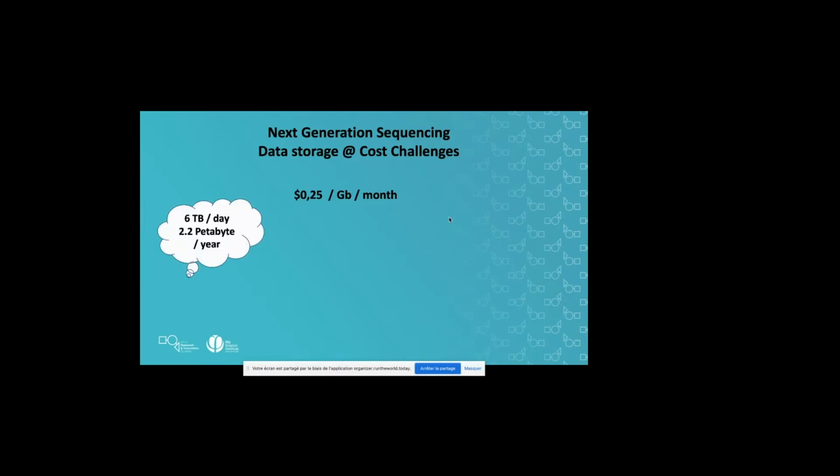But we don't have gigabytes of data. We have 6 terabytes per day produced by this machine every day. And so if we calculate the amount, it will be around $675,000 per year. Don't forget that this amount has to be added to the 8 million we have already paid to generate the data. And I don't think, honestly, that our labs can offer such services.